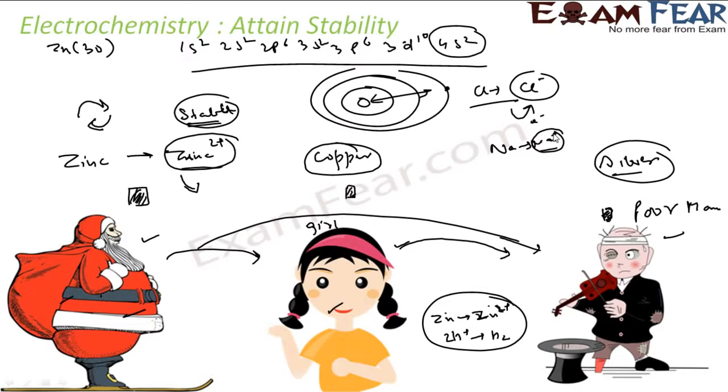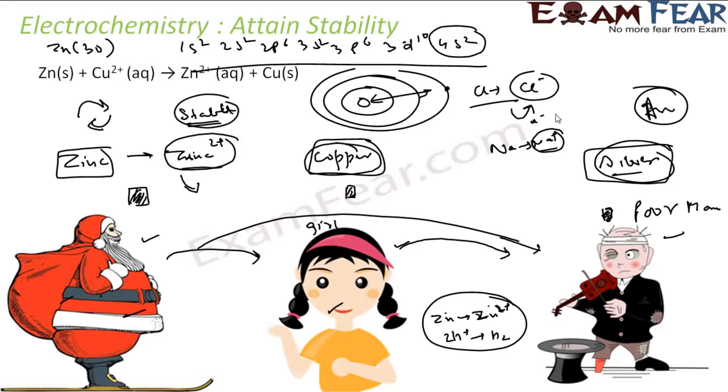The only point I'm trying to make from this slide is that zinc, silver, and copper all have different tendencies to lose electrons. It's not that they all have the same tendency. Zinc has more tendency. Gold is even less reactive. They all have less tendency to give electrons.